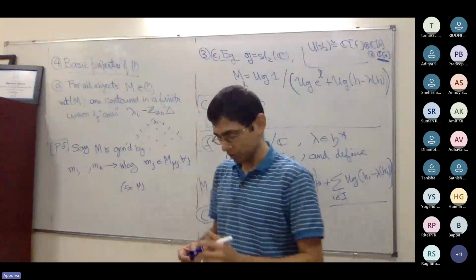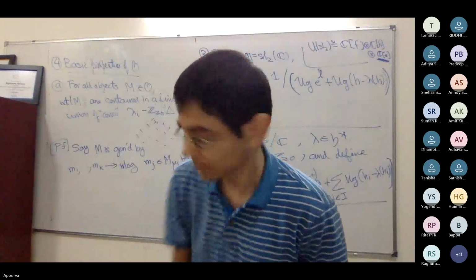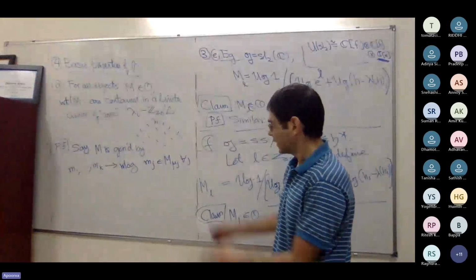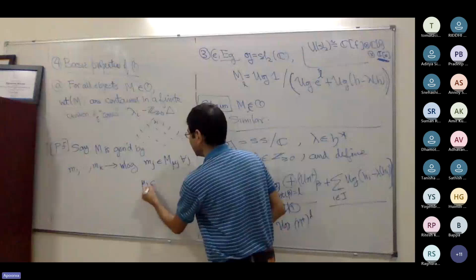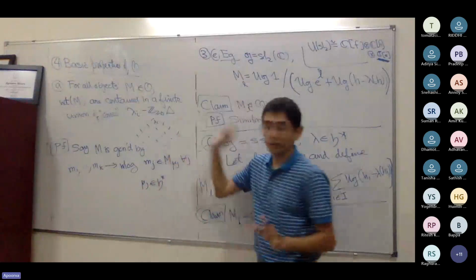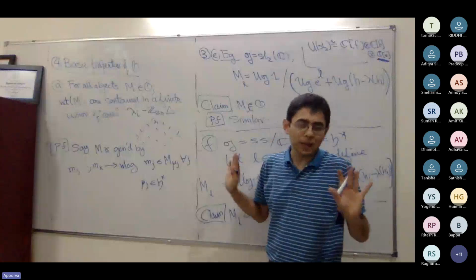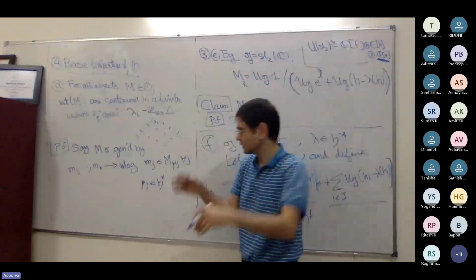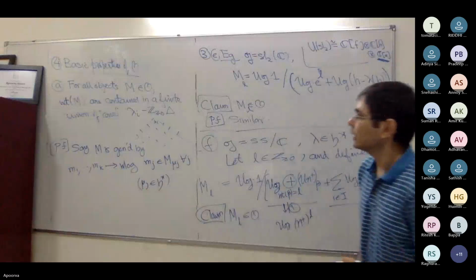Fine, there are some weight vectors mu_j. Now we don't know anything about category O; it can have objects of any highest weight, so the mu_j are in H star. There is no connection to some lambda minus some sum of roots. Fine.